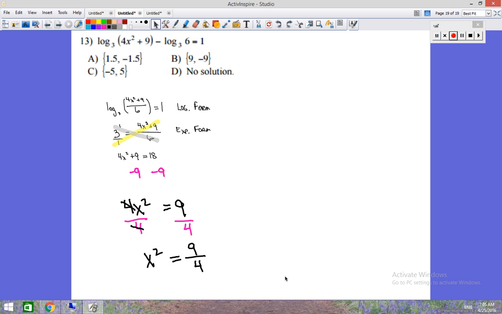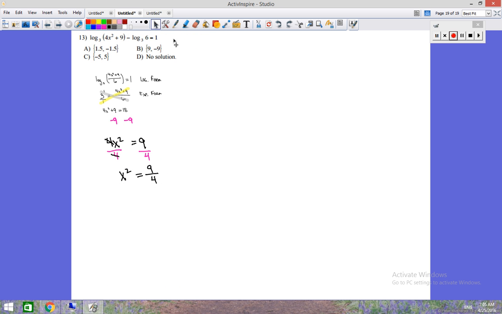To get the x by itself, let's extract the square roots. In the process of taking the square root here, I have to introduce the plus or minus symbol, because this radical means the positive square root.